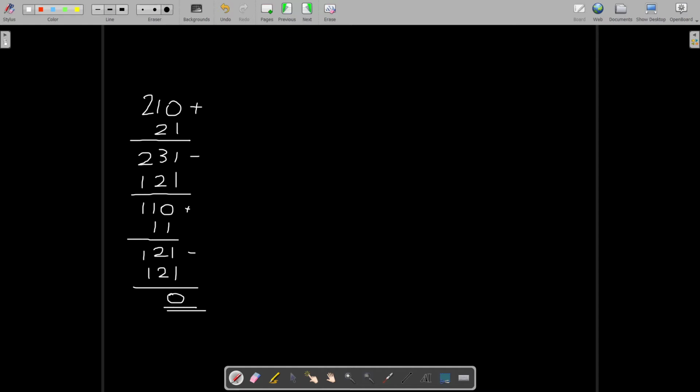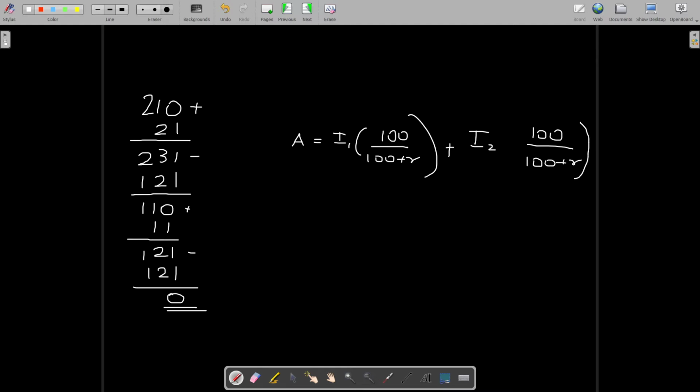So the relation between the amount taken and the installment amount is I into 100 by 100 plus R. First year's installment is I1. Second year's installment amount is I2, 100 by 100 plus R the whole square, plus etc. If it is a case of 2 years, then you have to write only two terms.